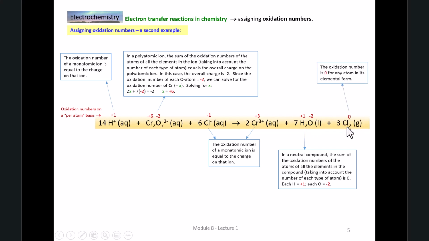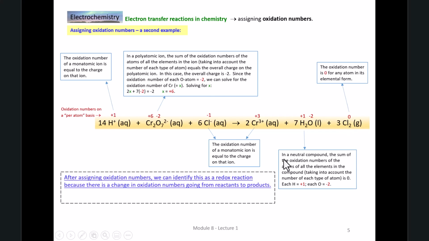Well, after assigning the oxidation numbers, we can definitely say this is a redox reaction because there is a change in oxidation numbers going from reactants to products. The oxidation number of each chlorine goes from -1 on the left to 0 on the right. Therefore, it's losing negative charges or losing electrons.